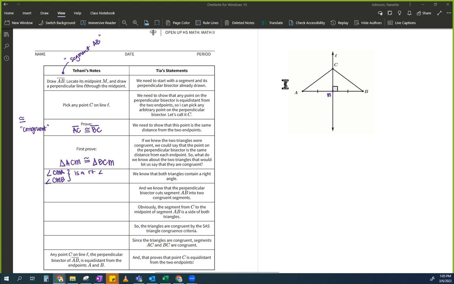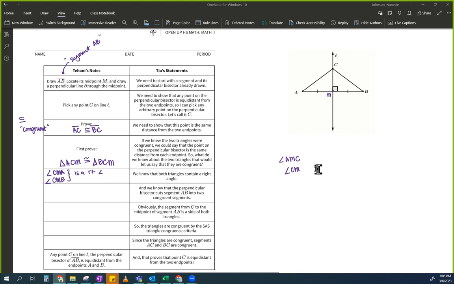Someone said, hey, Ms. Johnson, how come we can't write it AMC? We actually can. So I'll write that over here, just as a little note. Angle AMC is the same as angle CMA.